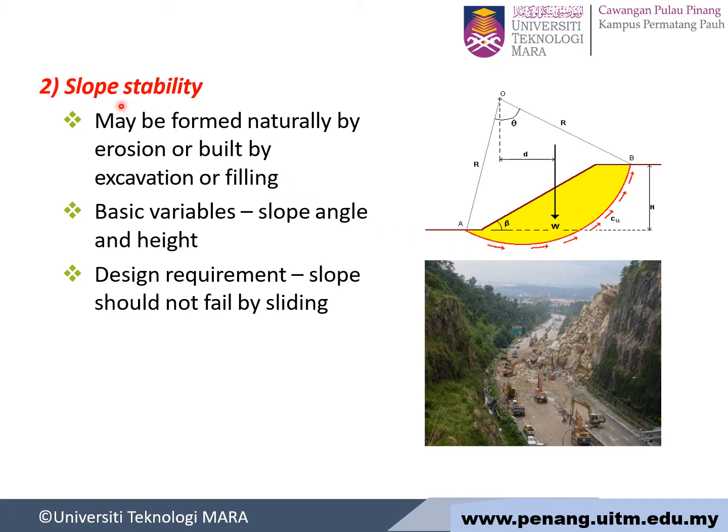So we go for slope stability. It may be formed naturally by erosion or built by excavation or filling. Basic variables are slope angle and height. So we have the slope angle here, and then we have height. Design requirement: slope should not fail by sliding.